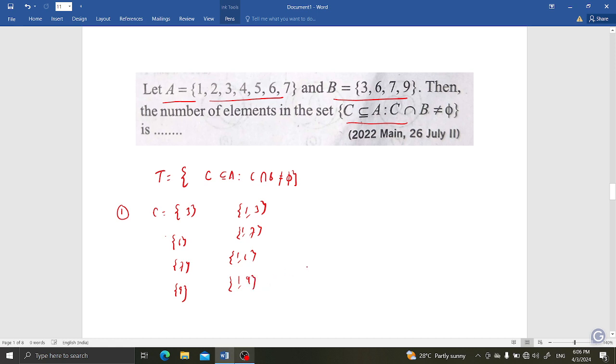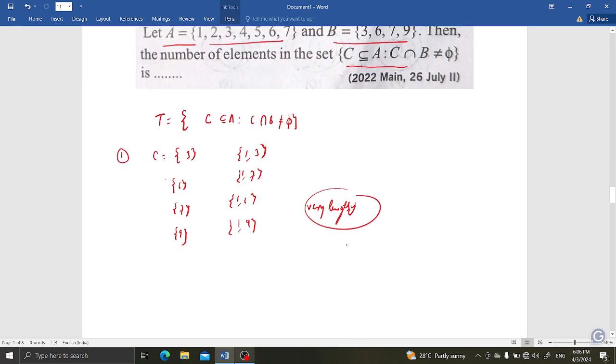It is a very lengthy process, because first this thing will come to our mind. If we are not in touch with exactly what we need to do, and how we can use the complement property, then we do it like that and it takes so much time. Okay, so there is another alternative method.